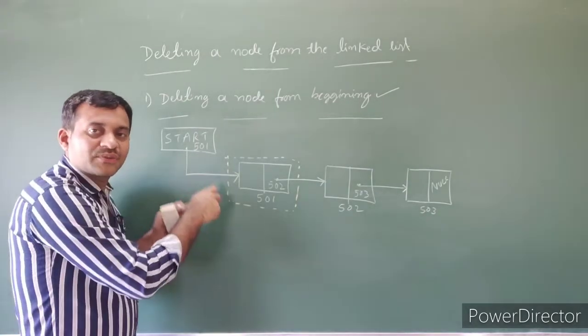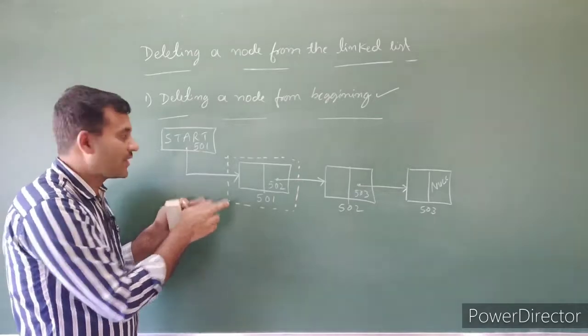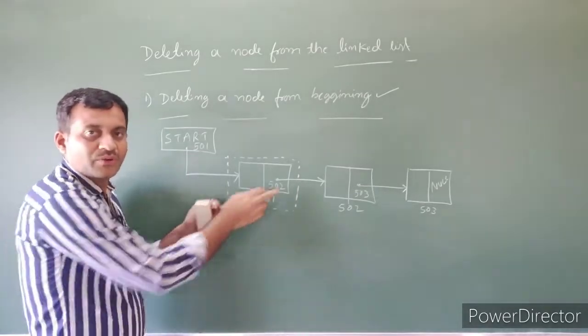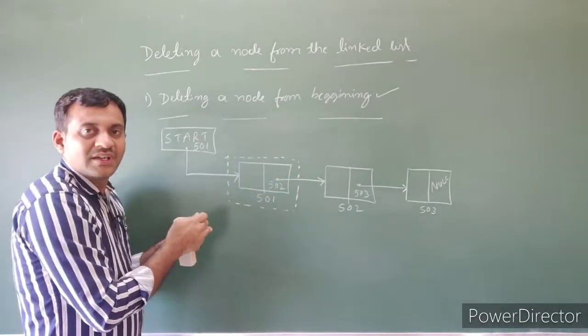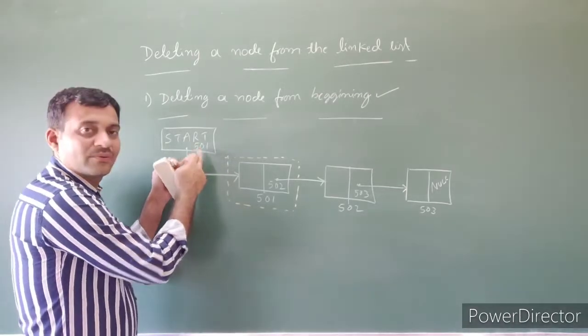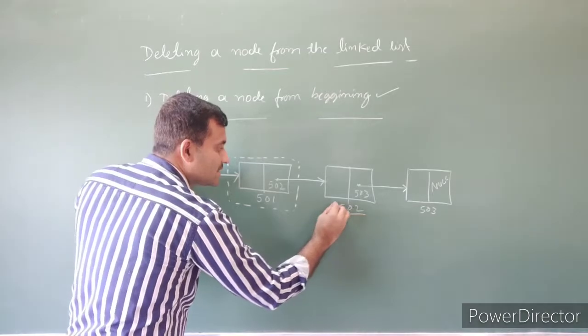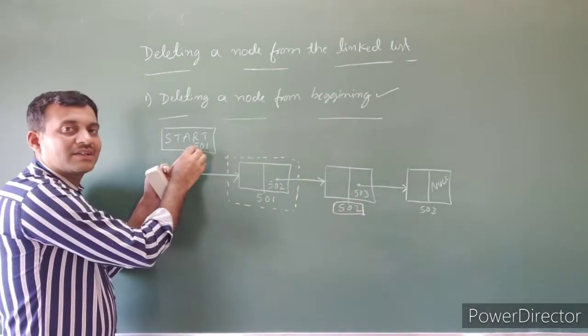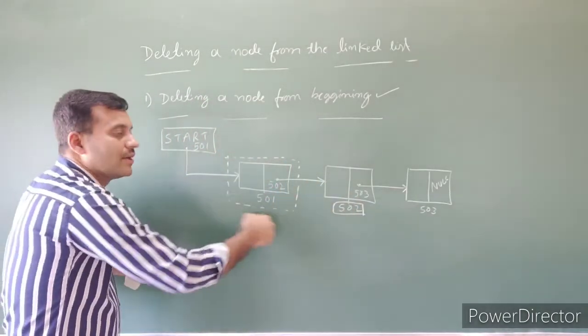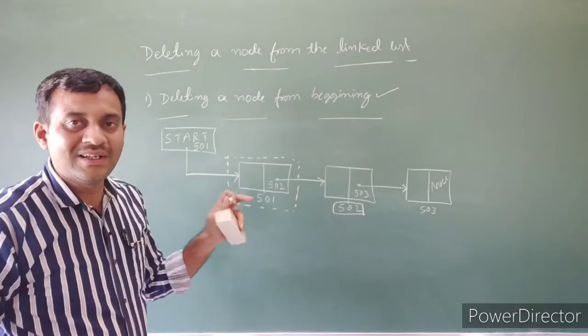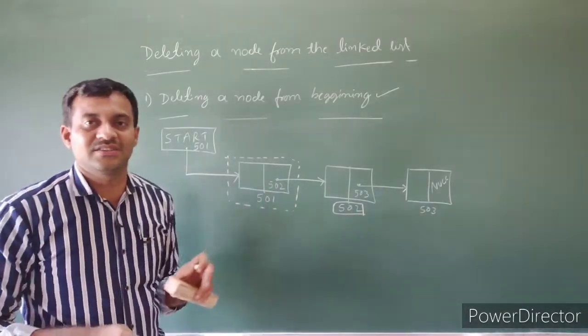The pointer stores the address of the first node, hence the compiler identifies this as the first node. To remove the first node, instead of storing the address of the first node in the start pointer, we store the address of the second node in start. Then automatically the first node will be deleted from the linked list.